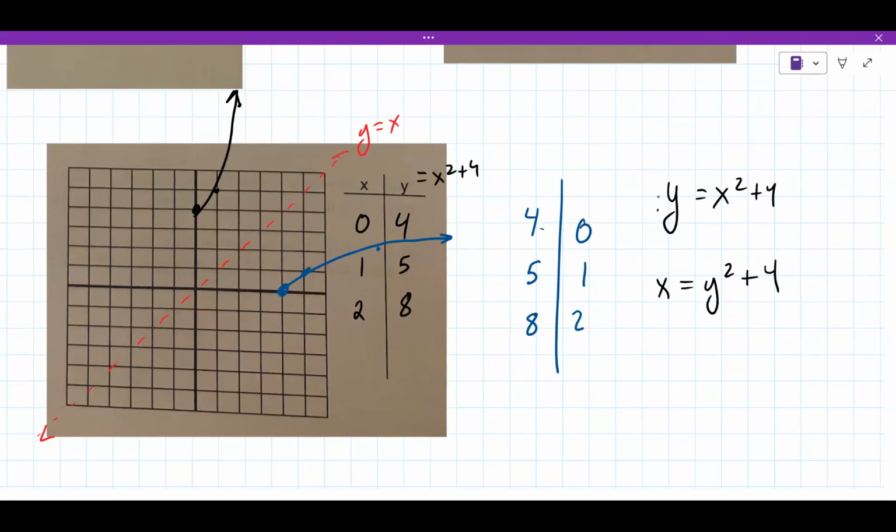What would you do to solve for y here? I would subtract 4 on the other side. Subtract 4 and then take a square root. Good. So it ends up being y equals the square root of x minus 4.